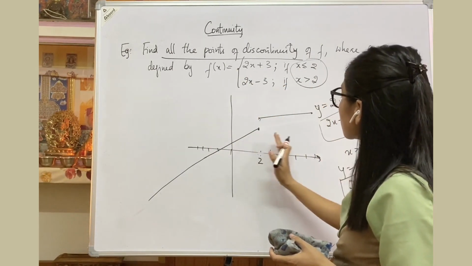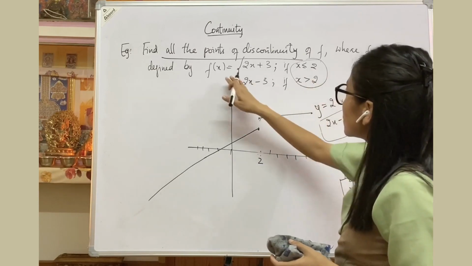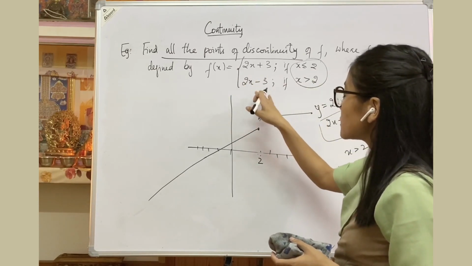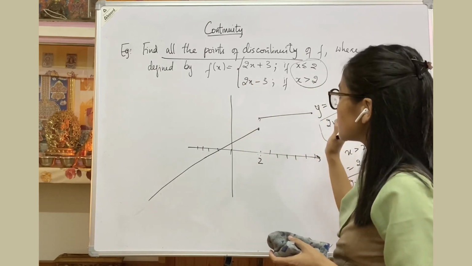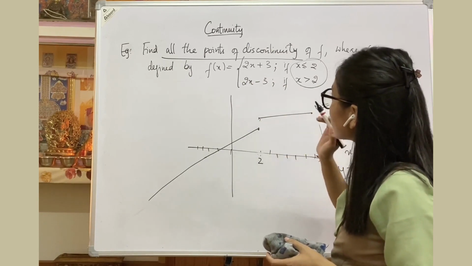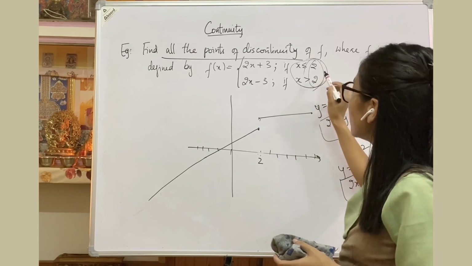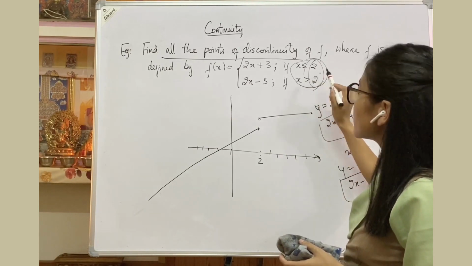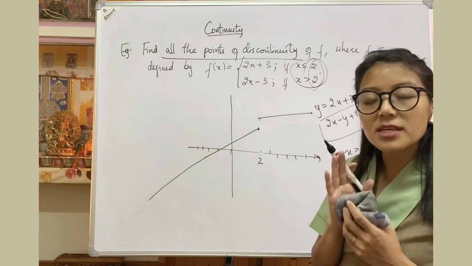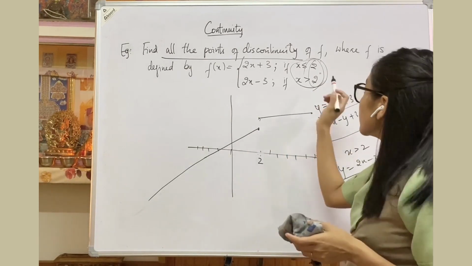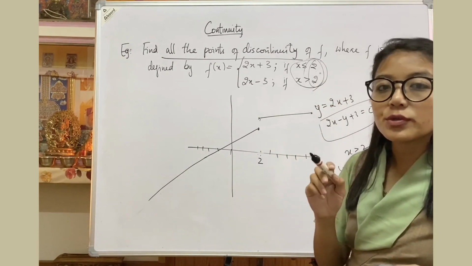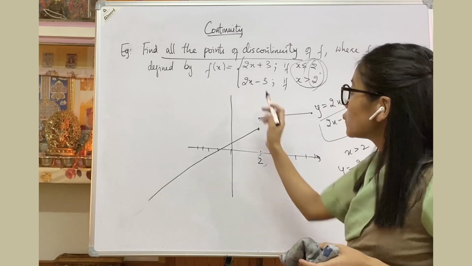Similarly for all x greater than 2, the graph is again a straight line, which will be continuous, okay? So now you have to check whether the function is continuous at this point or not. If at this point the function is continuous, then the function is continuous everywhere. If at this point the function is discontinuous, then this is the only point of discontinuity.